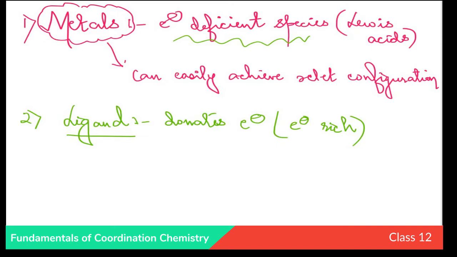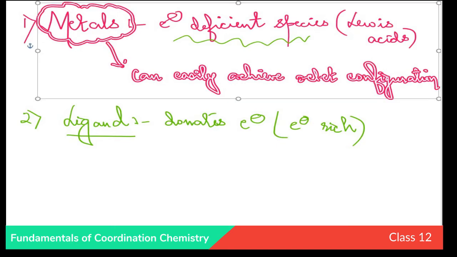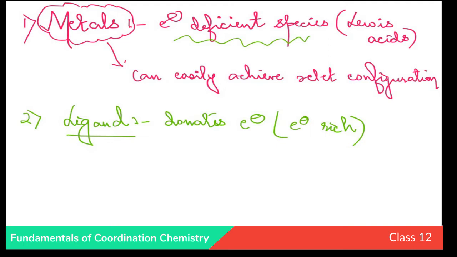Now, there might be a question: what kind of species do I call ligands? Suppose there is chlorine and Cl minus. Now, which one is a ligand and which one is not? See, chlorine in its elemental state has 17 electrons because its atomic number is 17.